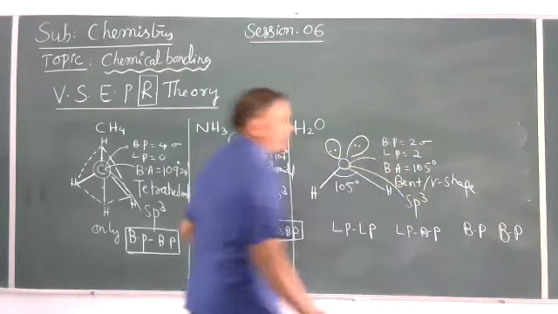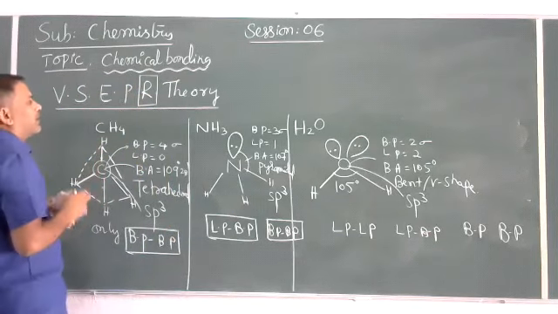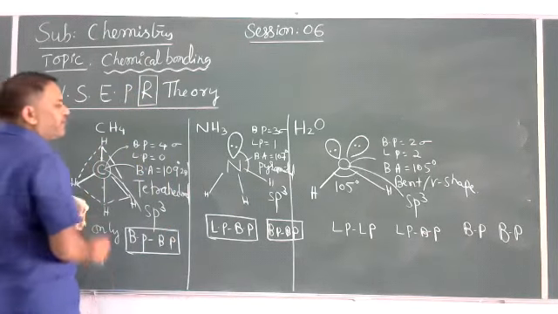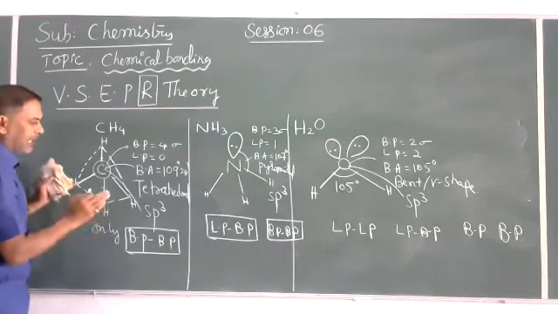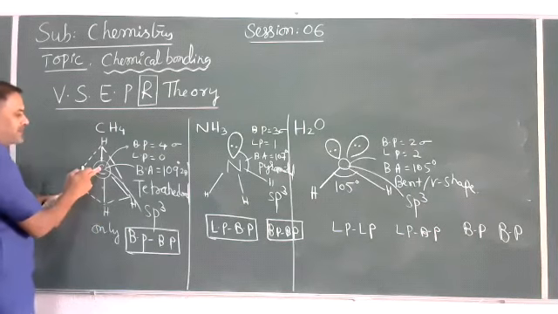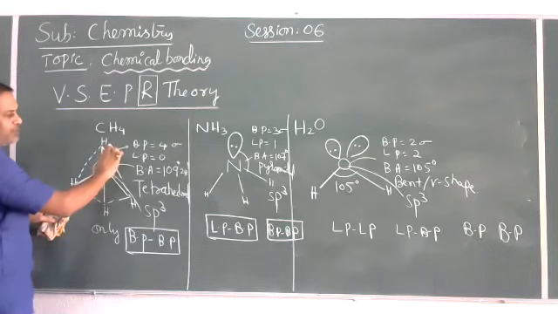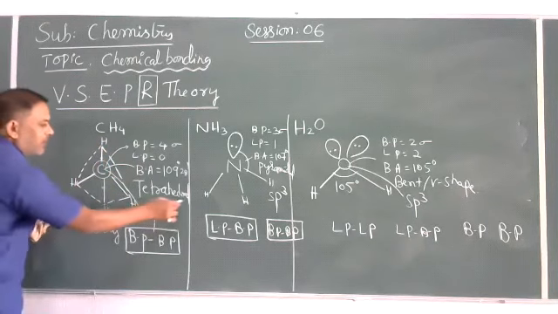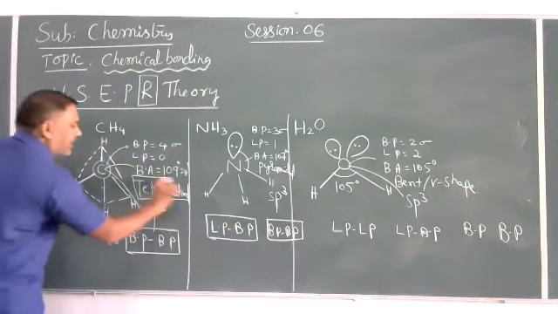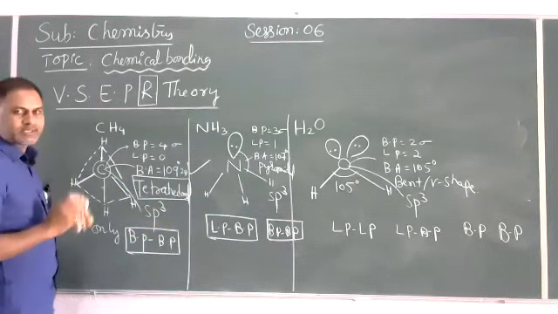By valence shell electron pair repulsion theory, in CH4 the bond pair repulsions are very small because of the absence of lone pairs, 0 lone pairs. There is no such repulsion to disturb the regular order. That's why the regular shape is tetrahedral and its bond angle is 109 degrees 28 minutes.